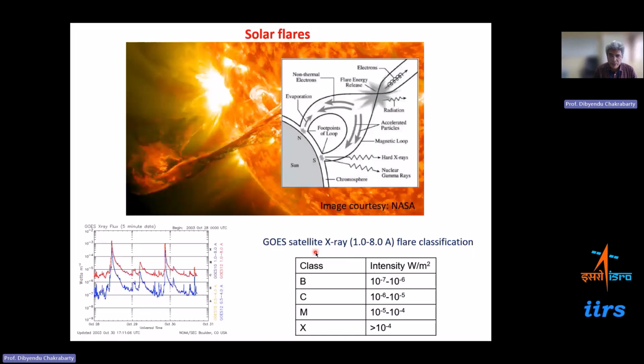And there are radiations, where the Sun has solar flares. Suppose you combine millions of nuclear explosions and allow them to happen simultaneously; what you get is a solar flare. When it happens, it can give a lot of X-ray radiation or extreme ultraviolet radiation.